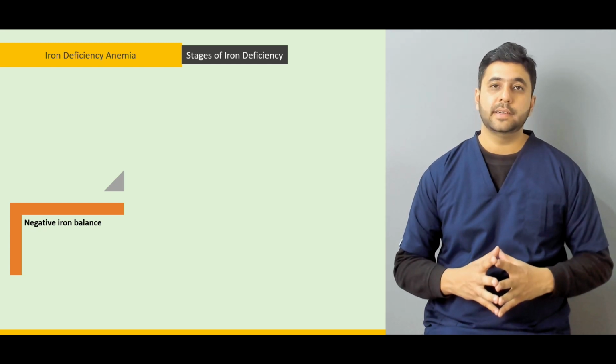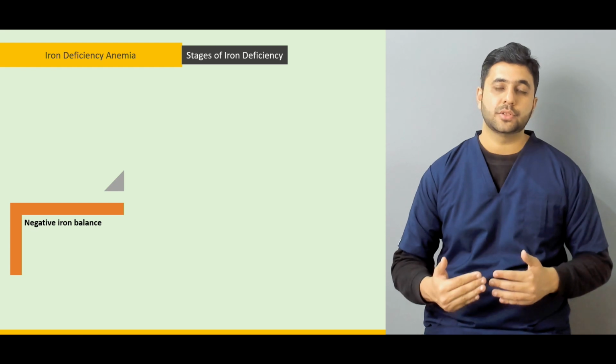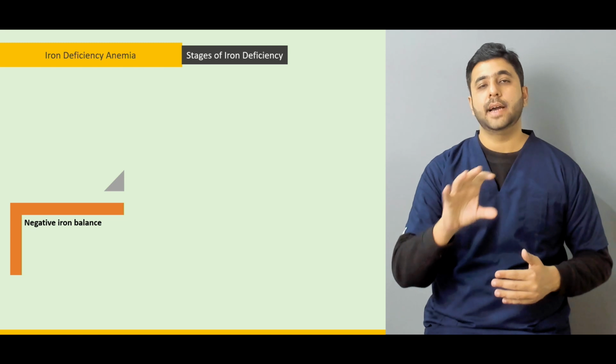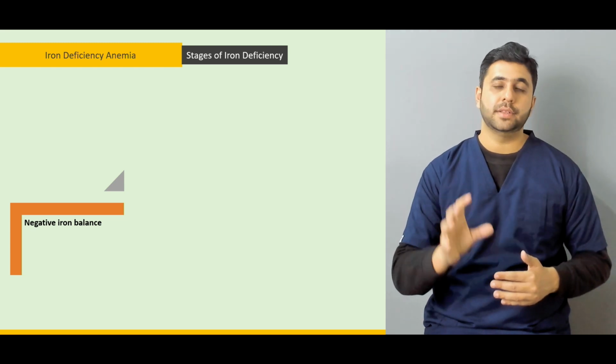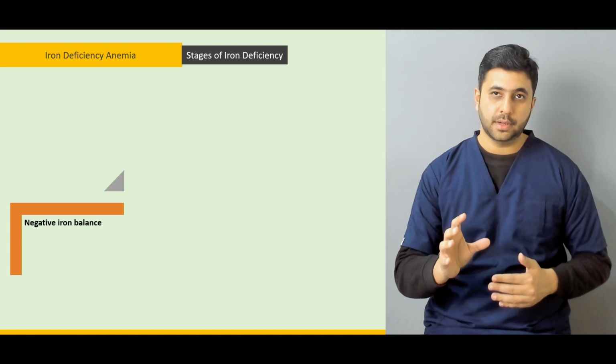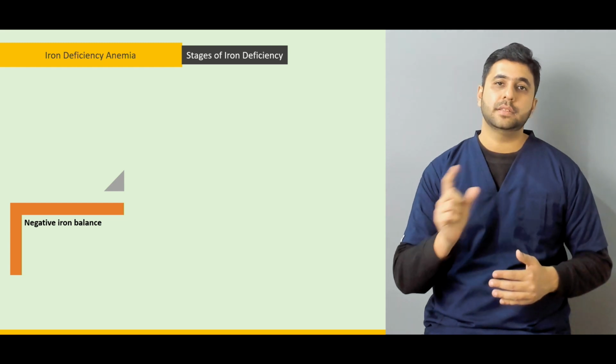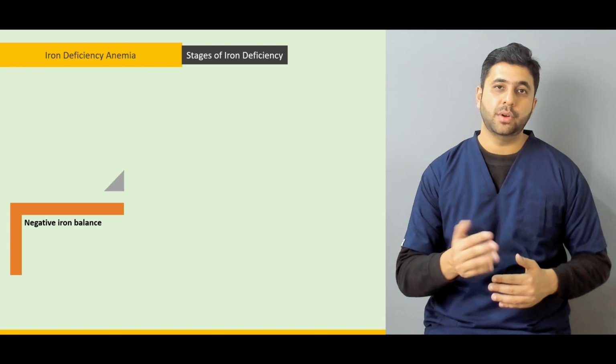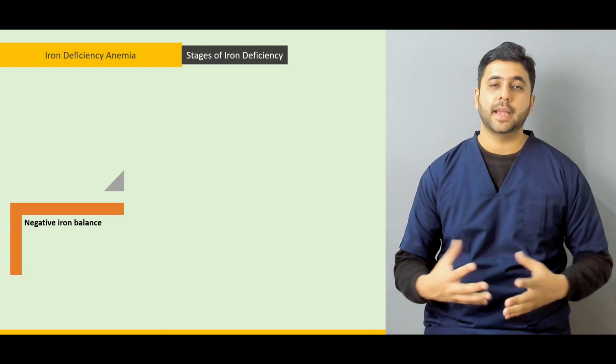So what the body does is start utilizing the stored iron from the ferritin. From the ferritin, the iron starts moving into the plasma, is carried by the transferrin, and then is moved to the bone marrow, where the RBCs are formed and erythropoiesis takes place.